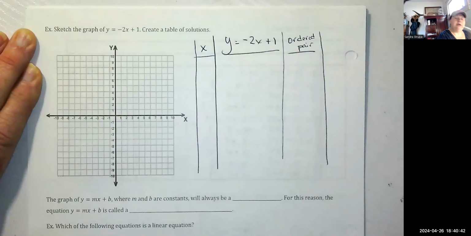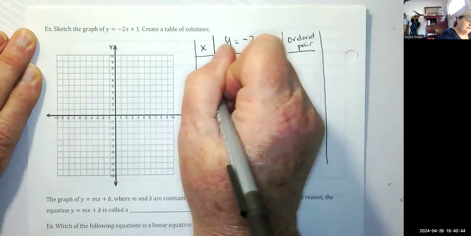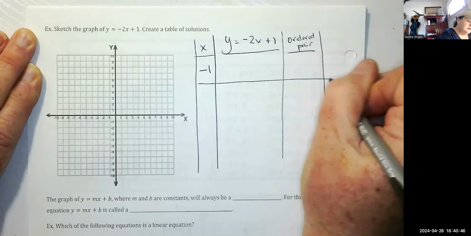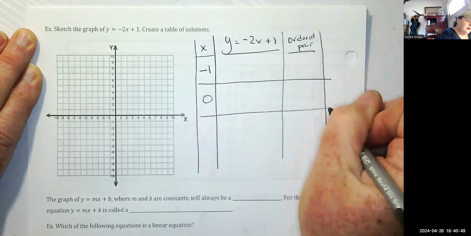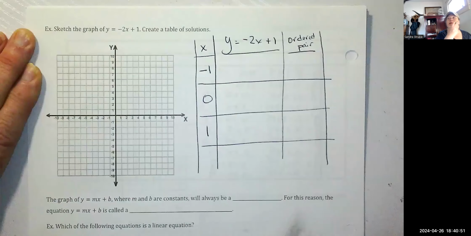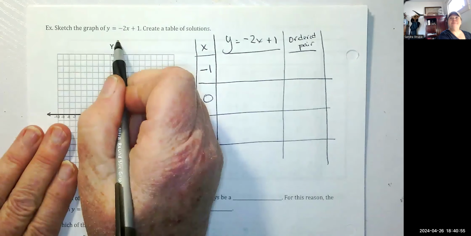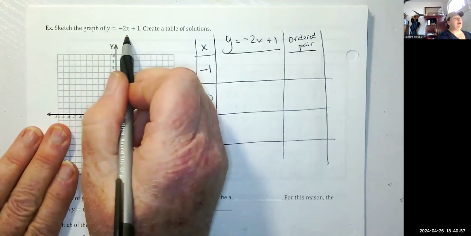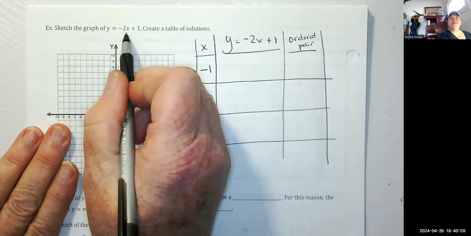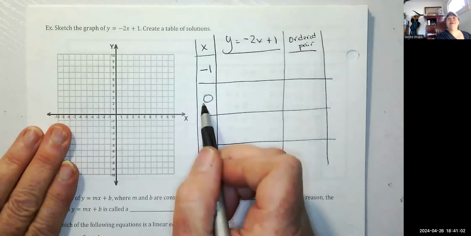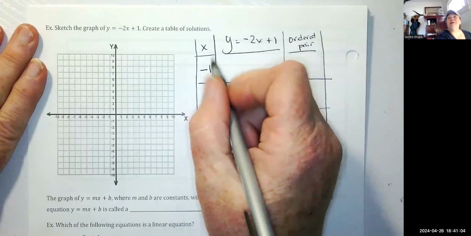And I only need 3 numbers. I always use negative 1, 0, and 1 when I don't have a fraction next to my x. If there's no fraction next to your x, then you're going to want to use negative 1, 0, and 1. And I'll show you why they're the easiest to deal with.